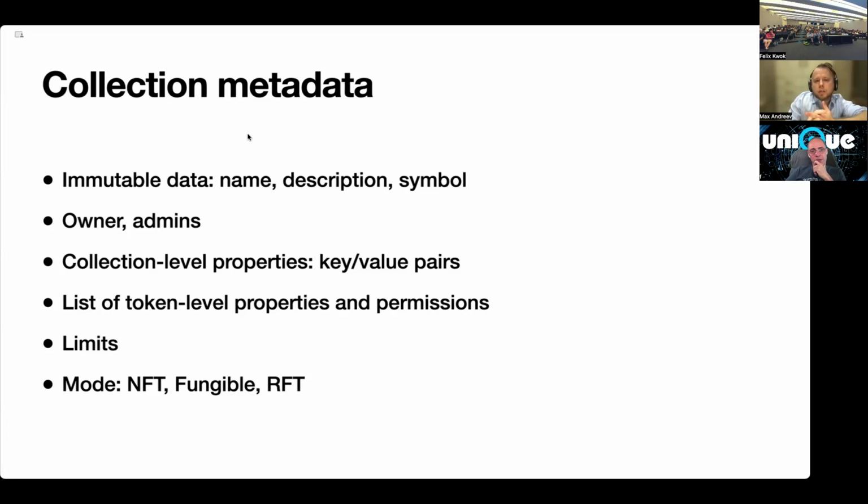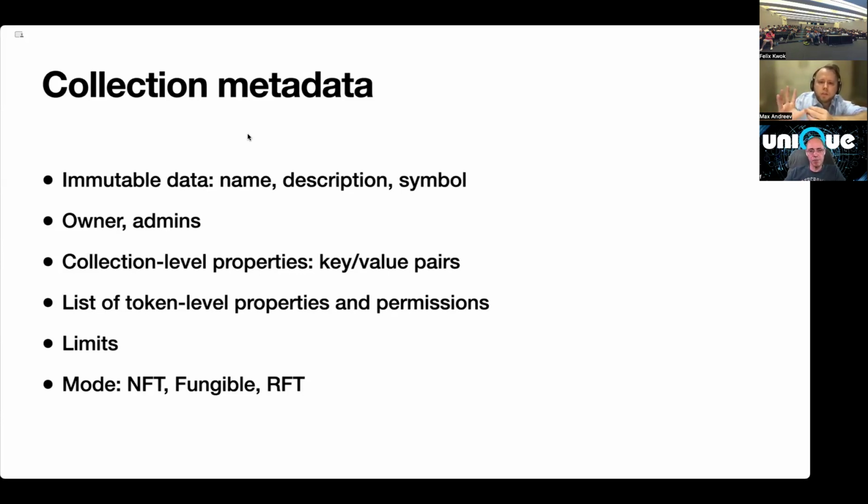Also, a collection stores some collection level properties. That's basically key value pairs. You can store some arbitrary data on these properties, and a collection manages a list of token level properties. That means these properties will be set for individual tokens, along with the permissions that dictate who can change these properties.